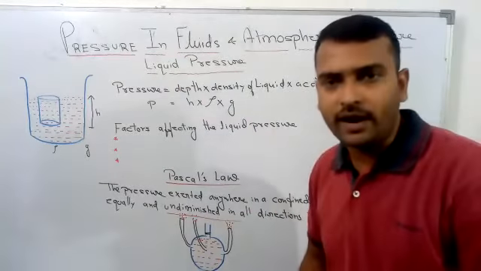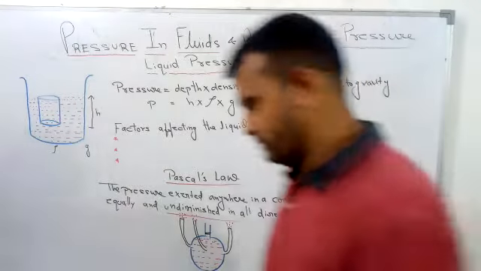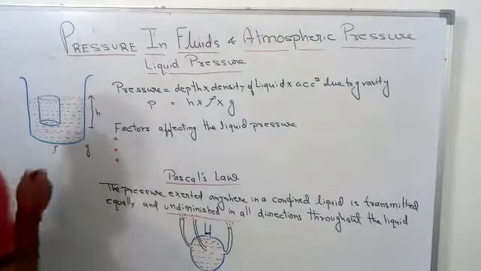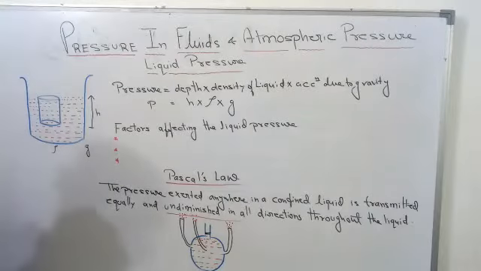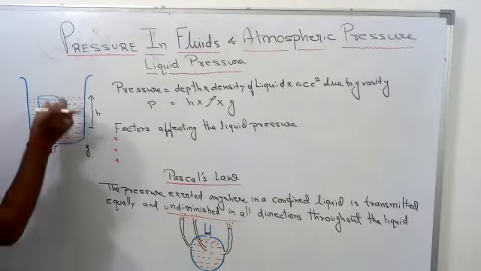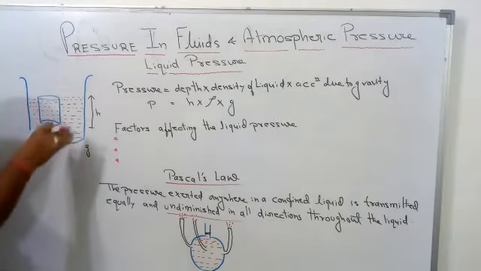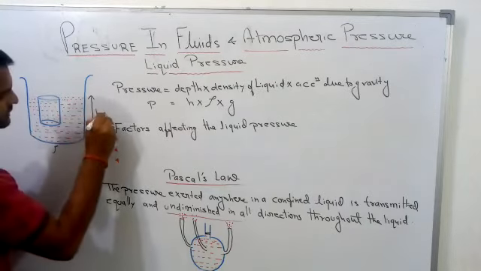Pressure exerted by a liquid is known as liquid pressure. So students, see in this figure, we are taking an object which is pushed inside the liquid to a depth h.